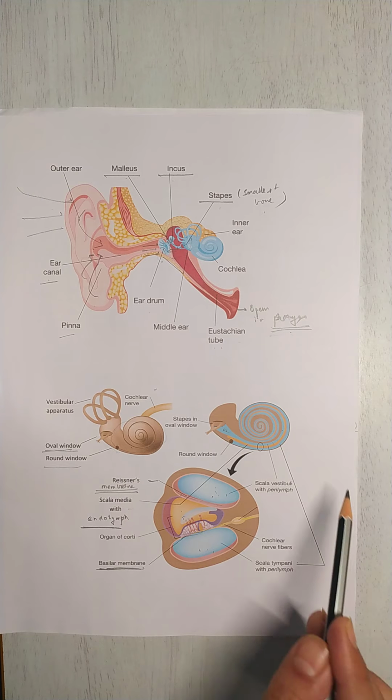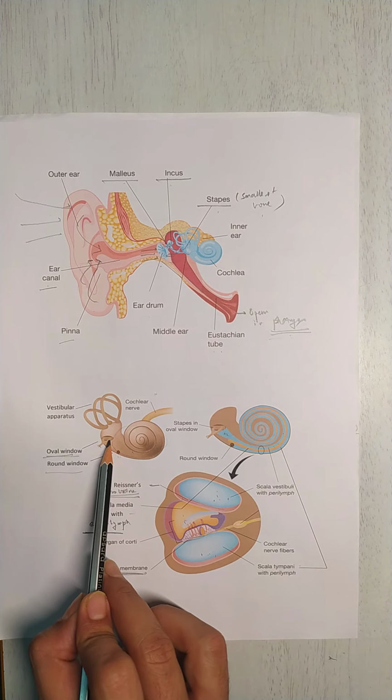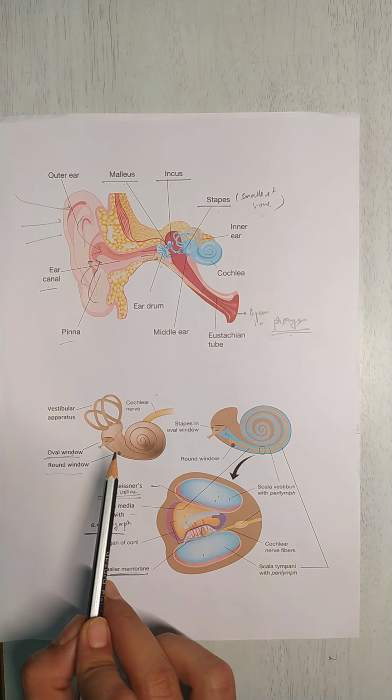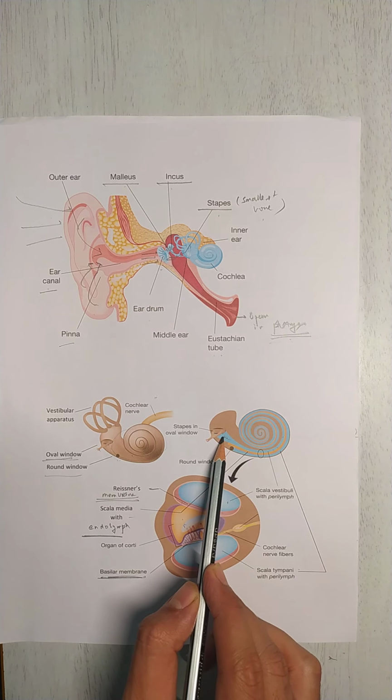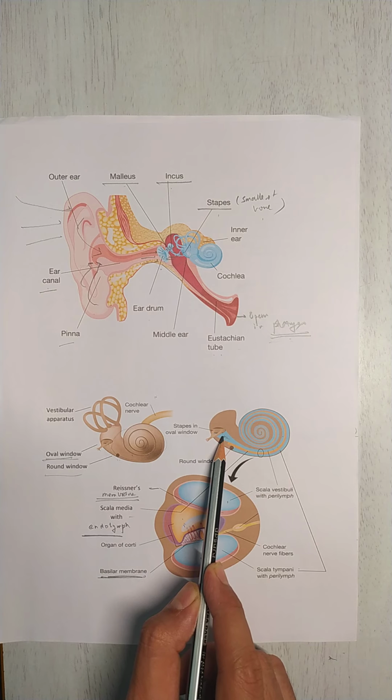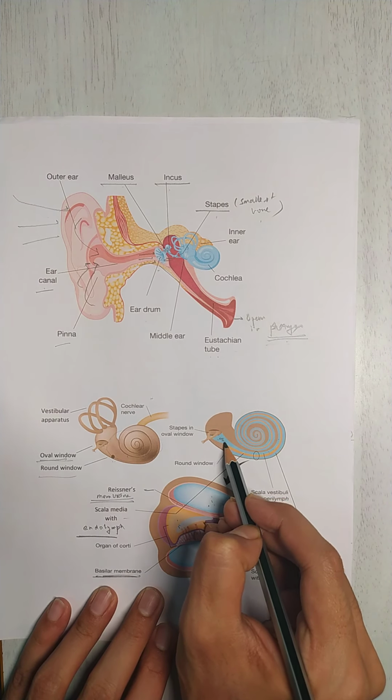Now how do all these organs help in the transmission of sound waves and detection of sound through the brain? As I mentioned, the stapes that is connected to the oval window transmits the sound into the internal ear, and this causes vibrations in the perilymph of the scala vestibuli. The vibrations are then transmitted from this perilymph to the Reissner's membrane and then onto the endolymph.